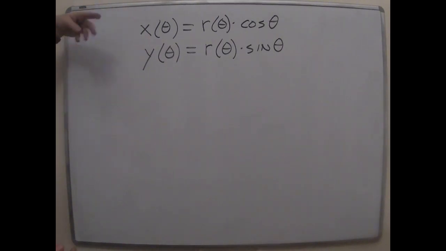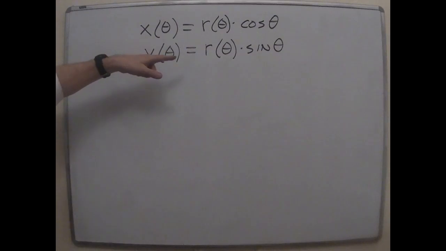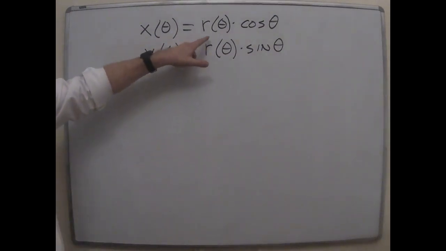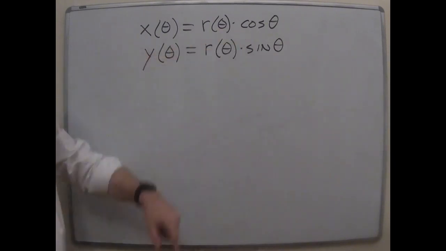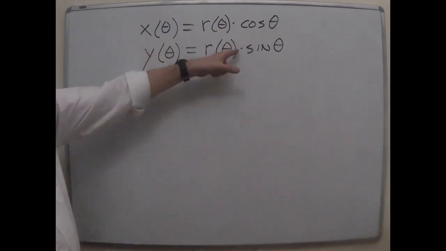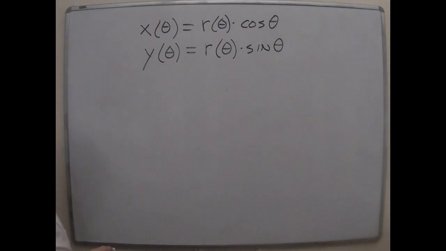So this is really just a parametric form where theta is the parameter, and we have the same r of theta appearing in both the x and the y coordinate, but with different trig functions next to it. We're multiplying, so again you end up using the product rule to take derivatives.